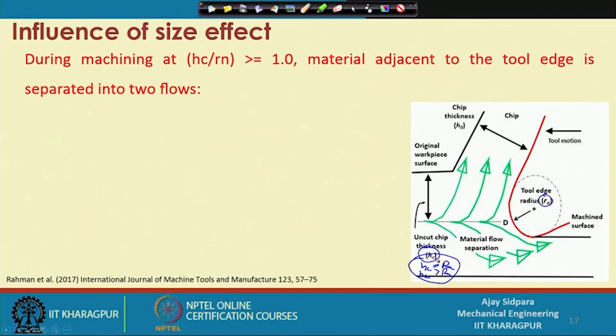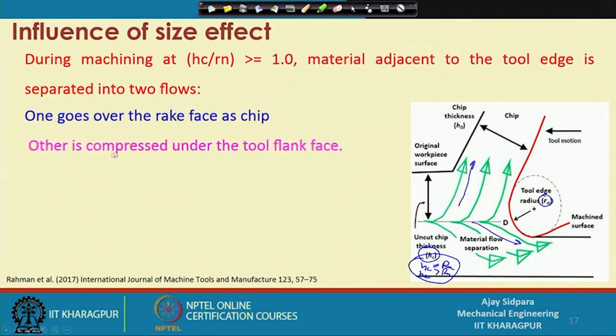So, we are not talking about a very large negative rake angle. What is happening in this particular case is that the whole material is separated into 2 flows. One flow is going in this direction, and another flow is going in this direction. This is called the material flow separation. One goes over the rake face as a chip, and the other is compressed under the tool flank surface.